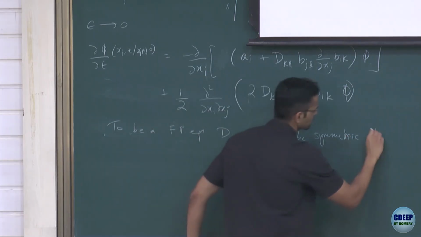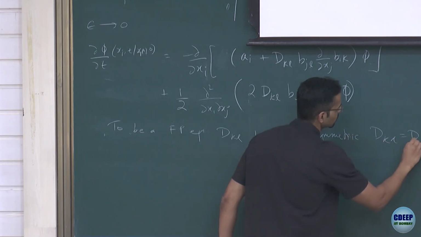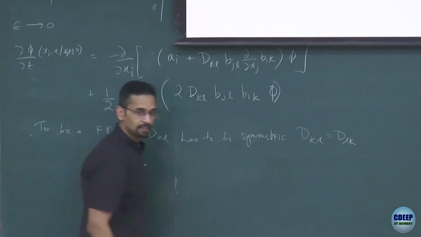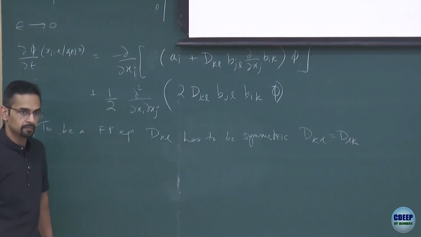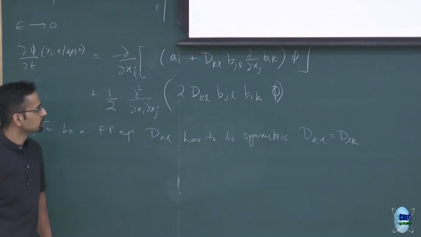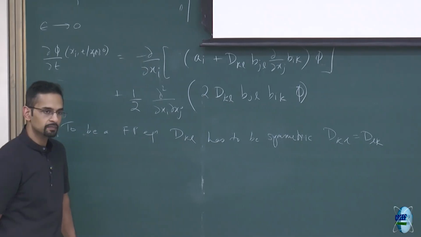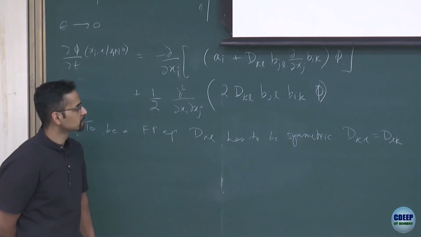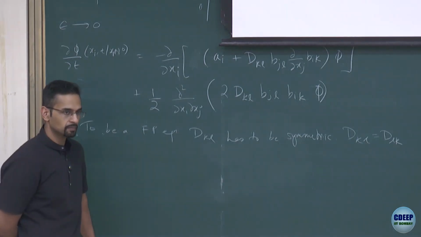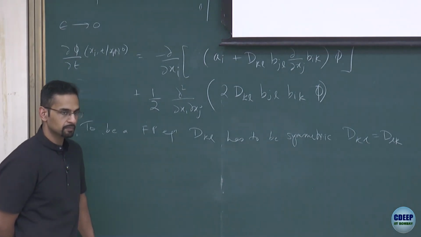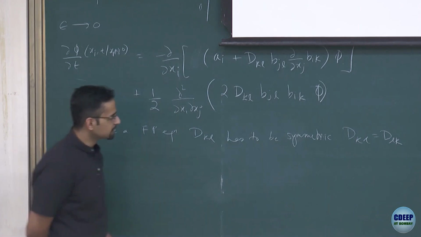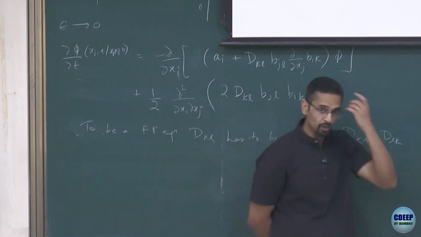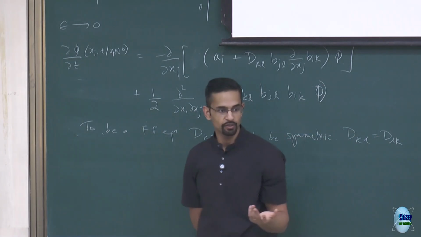That means D_kl is equal to D_lk. And this, as we just discussed a moment ago, is not necessarily true.